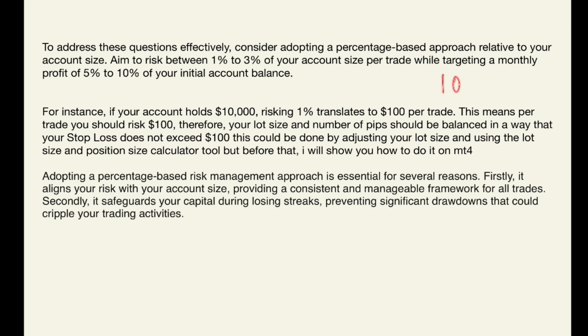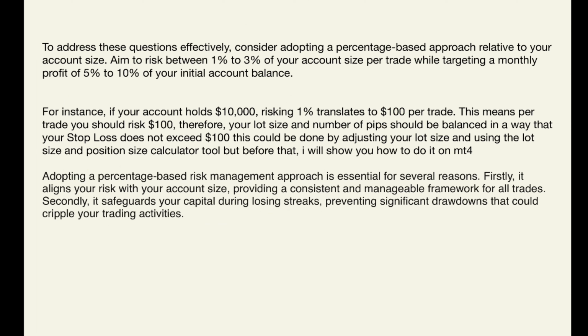Where you are risking 10 pips, let's say the lot size you were using was 0.1. When you come to the trade where you are risking 20 pips, obviously your lot size needs to change and become half of what you were using before, so that you can factor in this 100 US dollars.